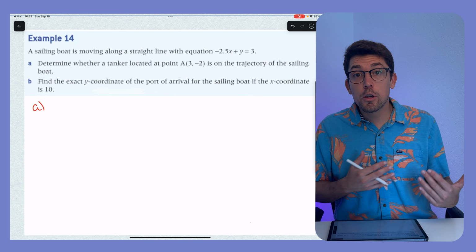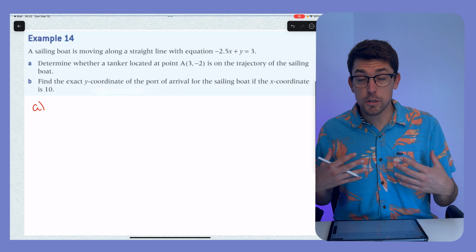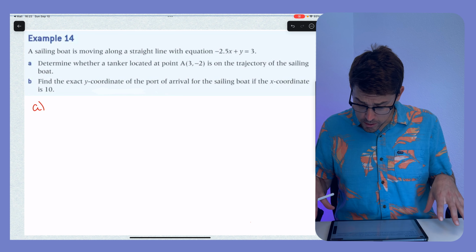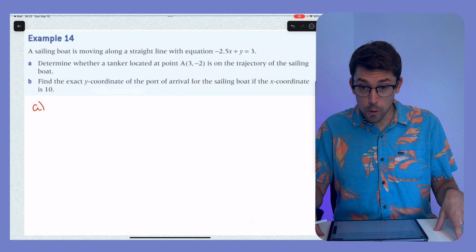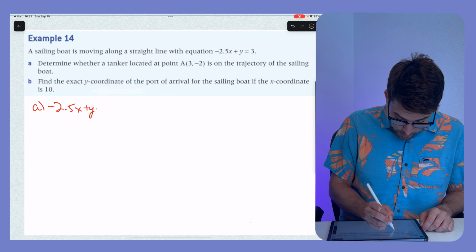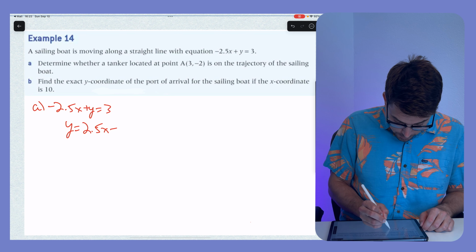So I'm going to take negative 2.5x plus y equals 3, and turn it into a form that I like to use and that's simpler for me. I'm really used to this y equals mx plus b form, the slope-intercept form. So if I have negative 2.5x plus y equals 3, I just bump that over. I would have y equals 2.5x plus 3.